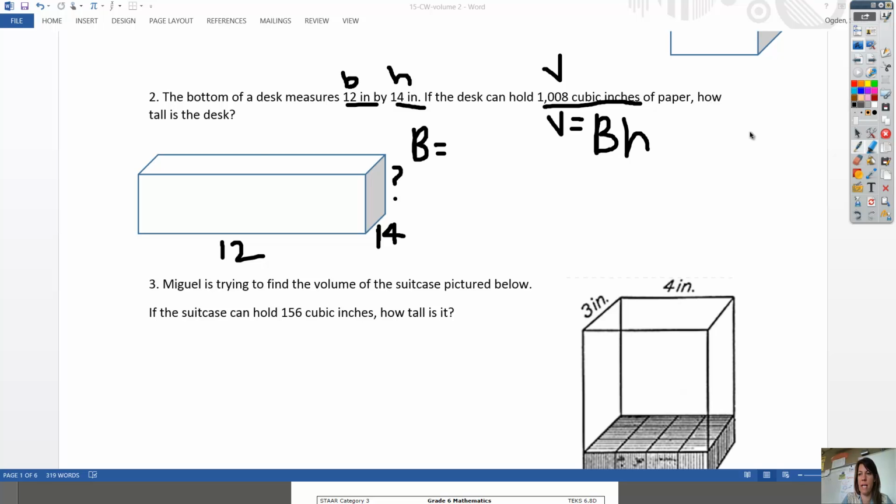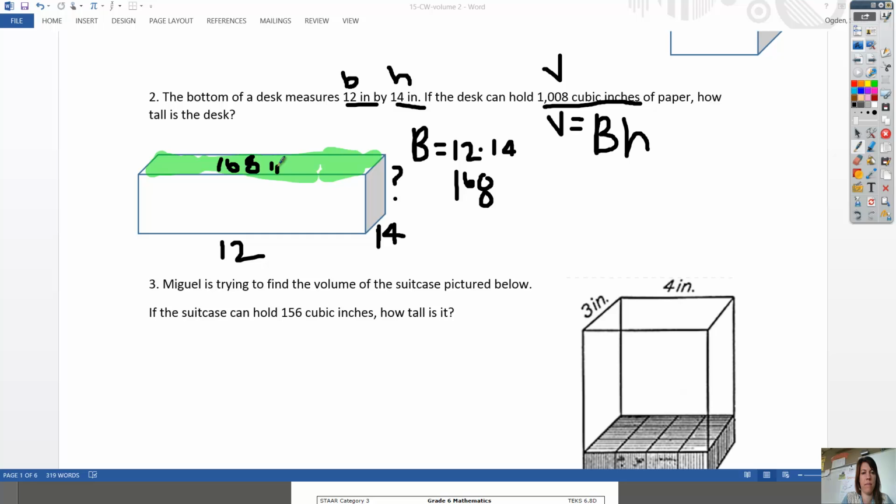I'm finding the area of this side, which is the same on the bottom, a 12 by 14 rectangle. When I multiply 12 by 14, I get 168.